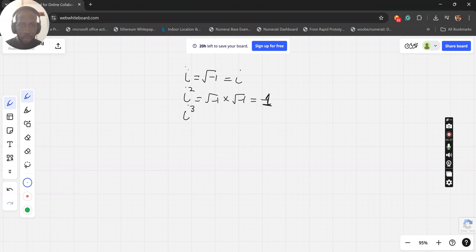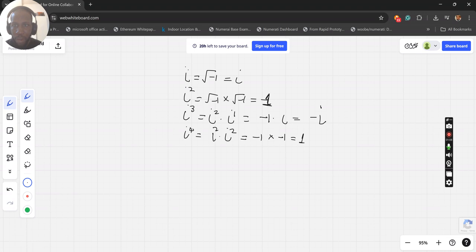So we have i cubed, which is i squared times i. But i squared is already -1 times i, which is -i. And then we have i to the power 4, which is i squared times i squared, which is -1 times -1, which is 1.